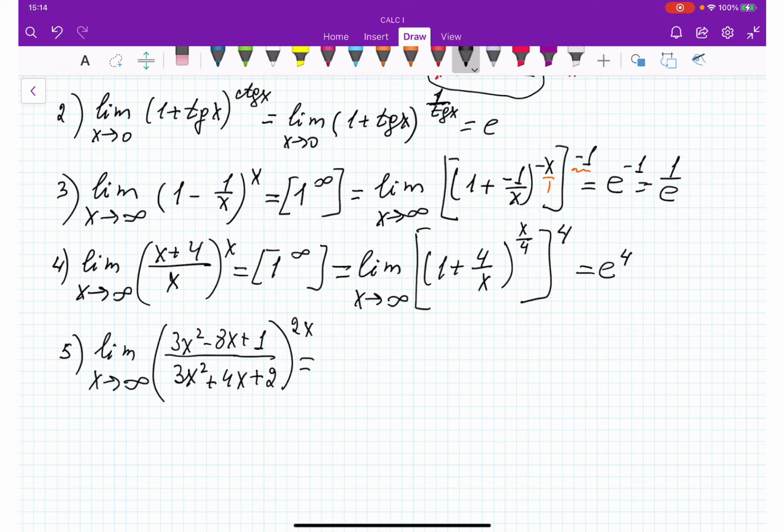So let's make some changes. I'm going to divide by x squared, the highest degree of the variable.